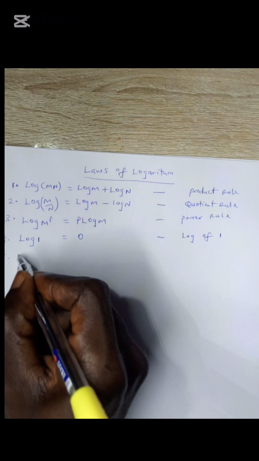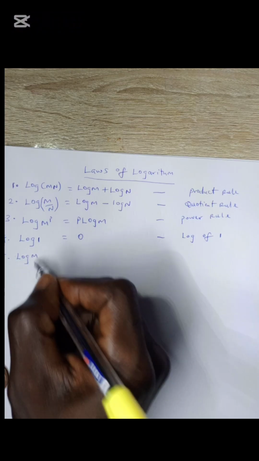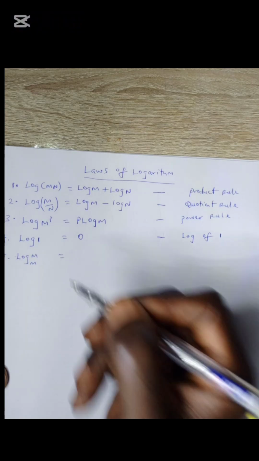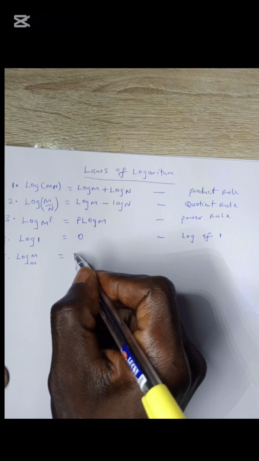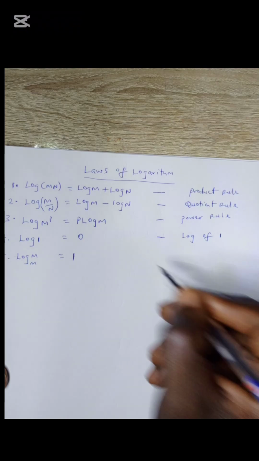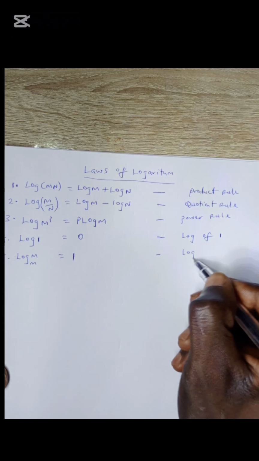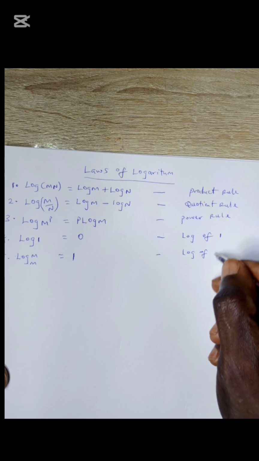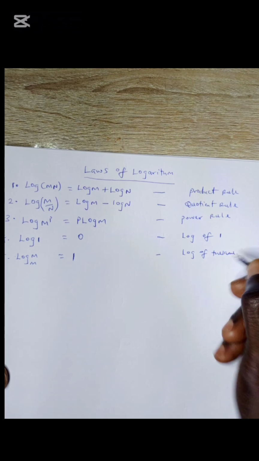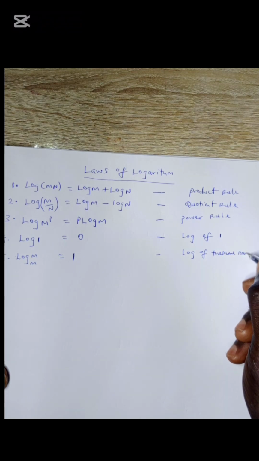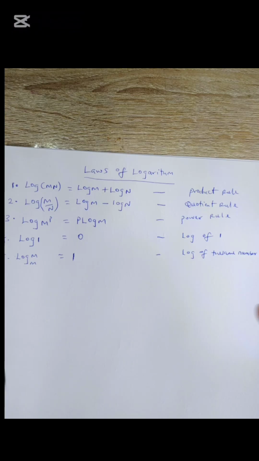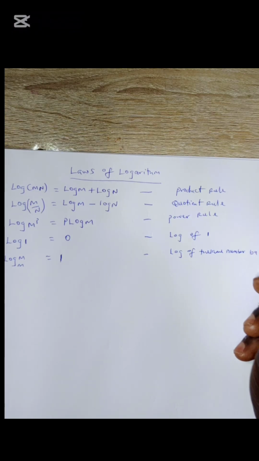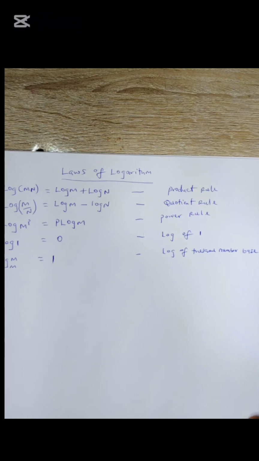Number 5: anytime we have log m base m or log 10 base 10, it is equivalent to 1. This is log of the same number base.